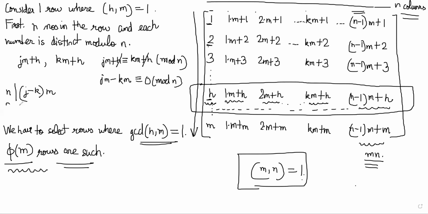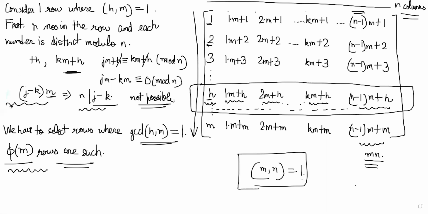Now, since n does not divide m, n must divide j minus k. But j and k are less than n, it goes up to only n minus 1, so this is not possible. So these two can never be congruent modulo n; they have to be distinct modulo n.